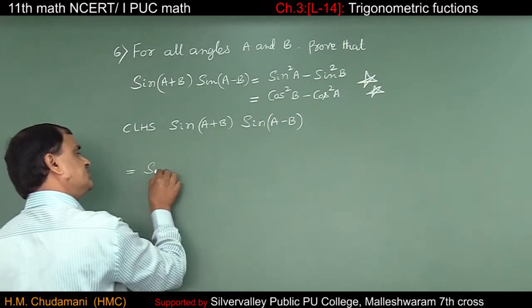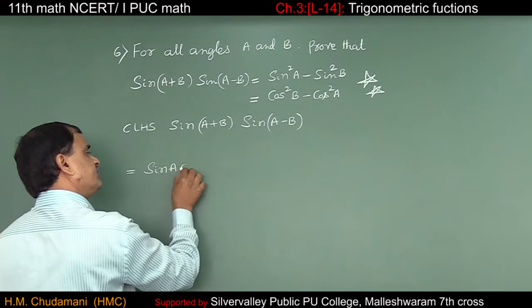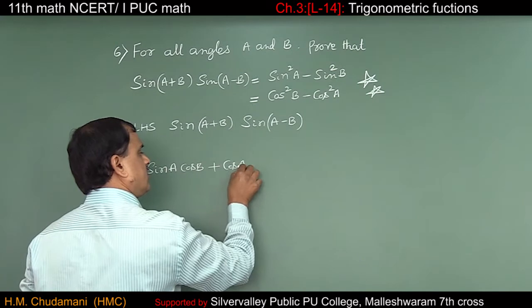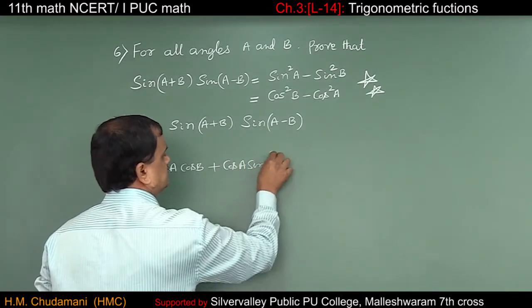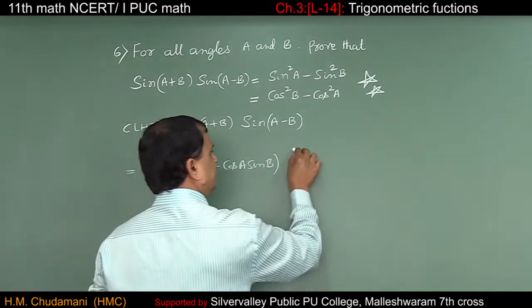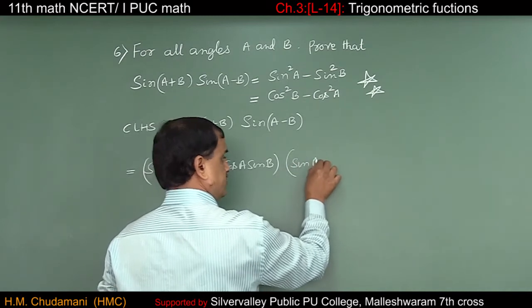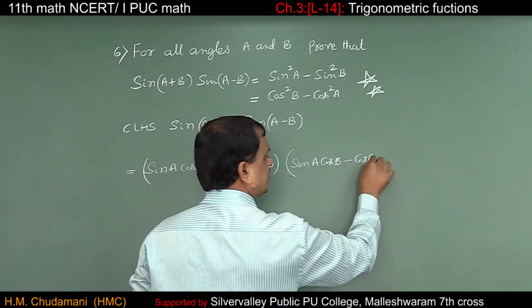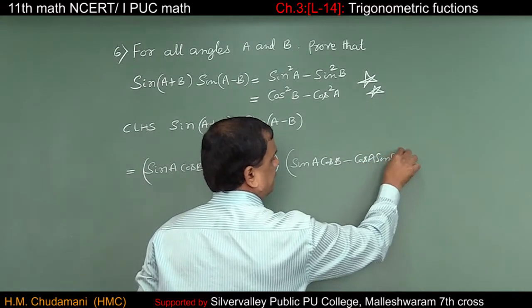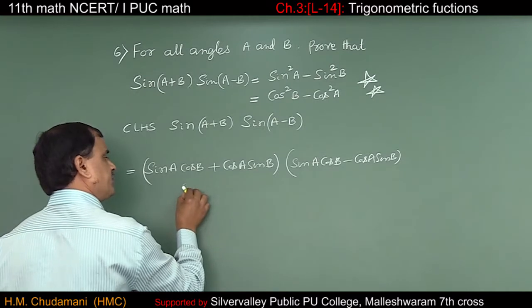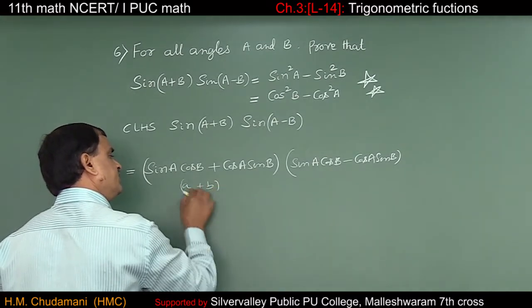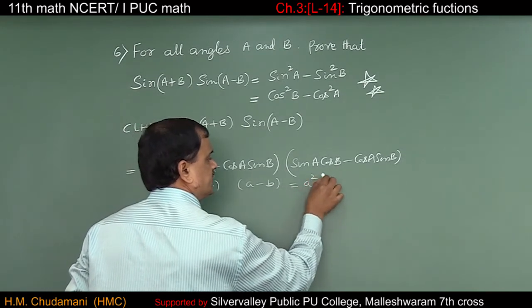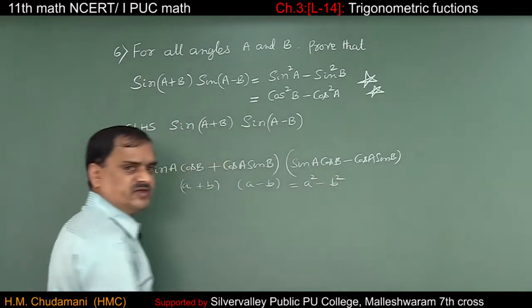Sin of x plus y formula: sin A cos B plus cos A sin B. Sin of A minus B means sin A cos B minus cos A sin B. This is of the form A plus B into A minus B, which is A square minus B square.